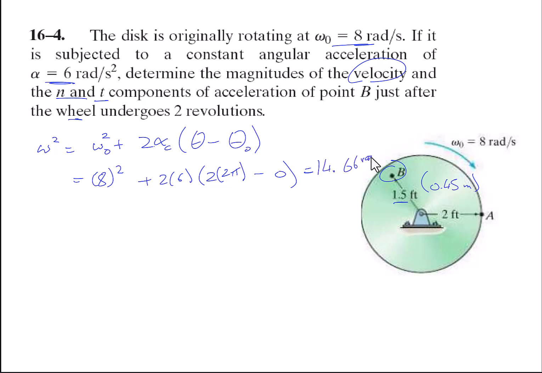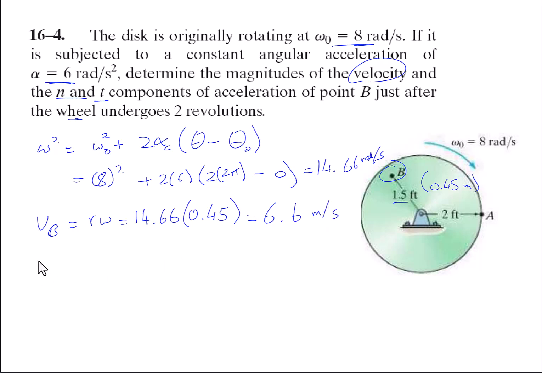This would be around 14.66 radians per second. Again, for the velocity at point B, this is the radius at point B times the angular velocity. So this is 14.66, just calculated, and the radius we said, let's say, is 45 centimeters, and this would be 6.6 meters per second.